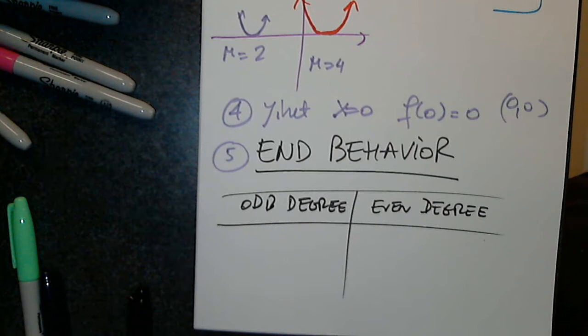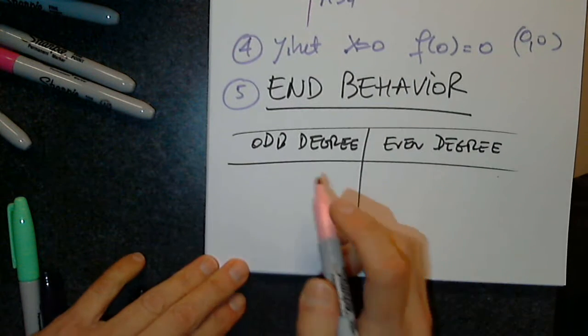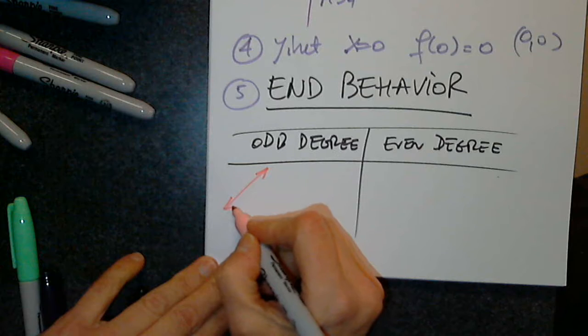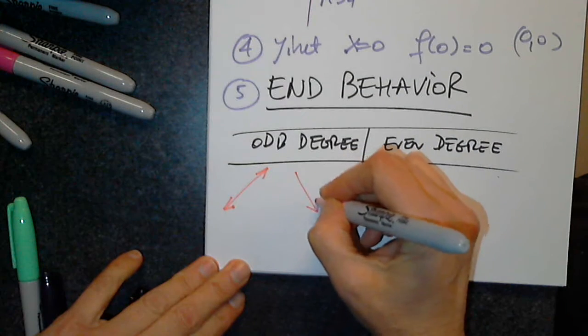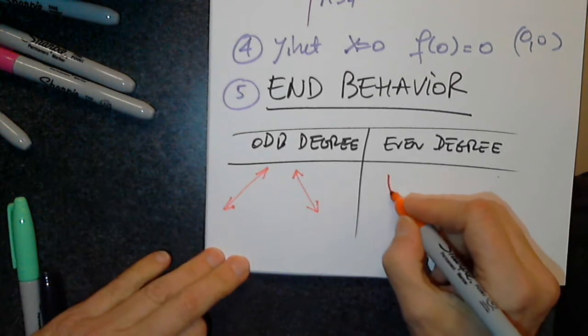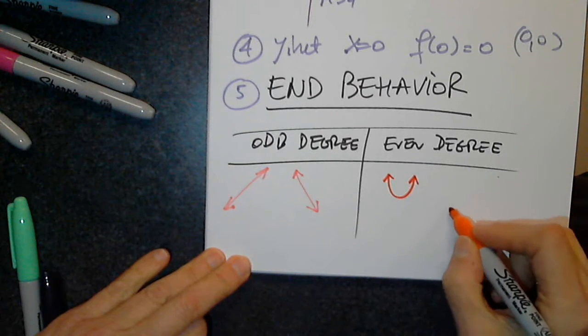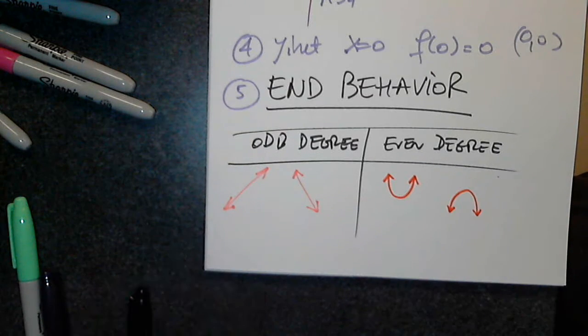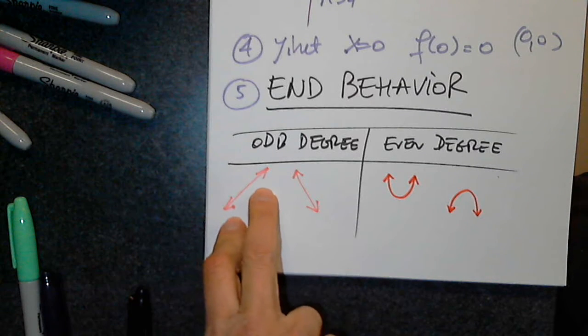So give me an example of a function of odd degree, the simplest possible function of odd degree. Right. So it looks like this, or it looks like this. Give me the simplest possible function that has even degree. Right. So it's either this or this. Correct? Good. So what is the end behavior?